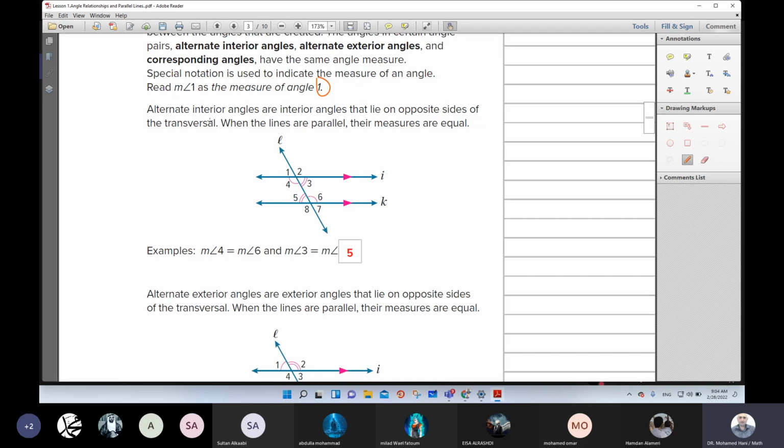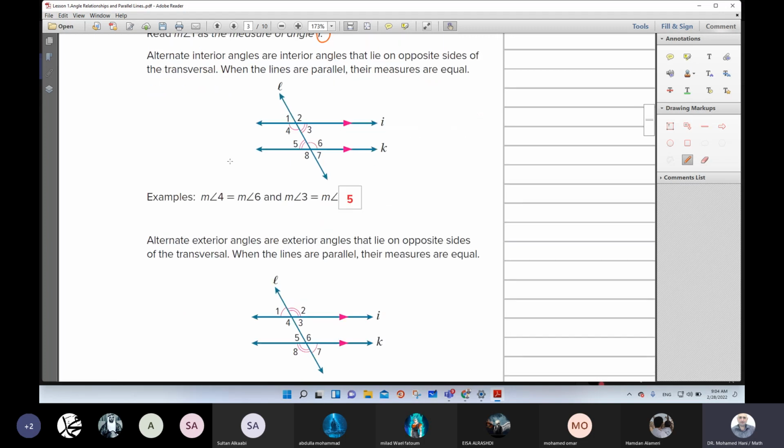Alternate interior angles are interior angles that lie on opposite sides of the transversal. When the lines are parallel, their measures are equal. Listen here, this information is from last year, from grade 7.